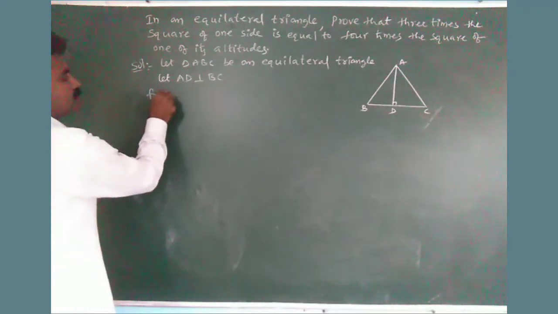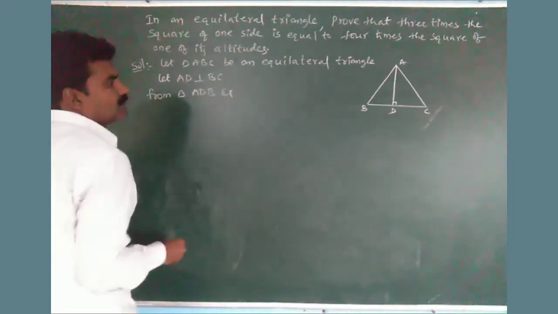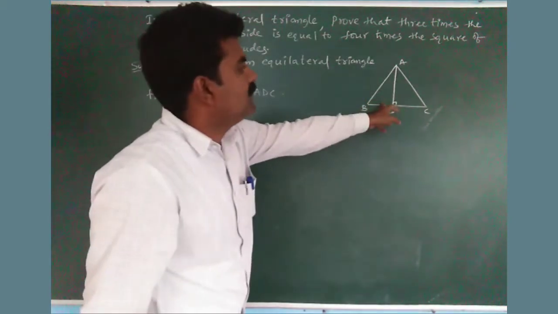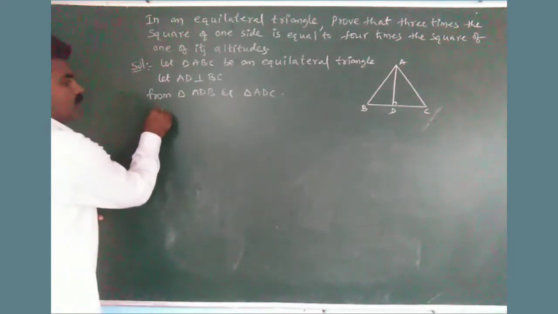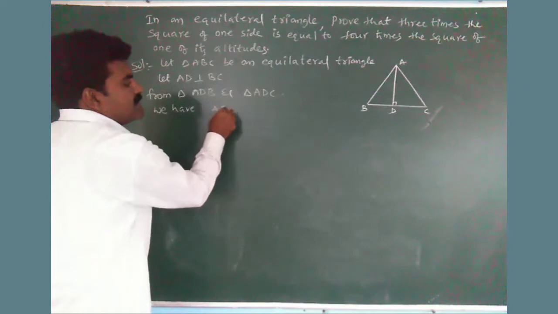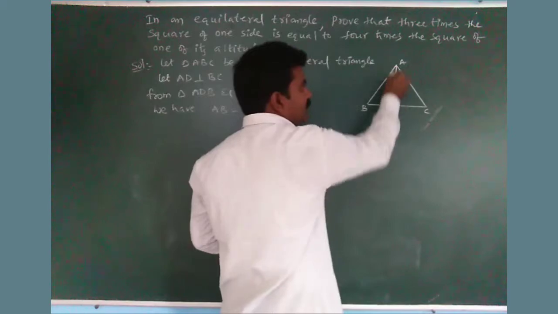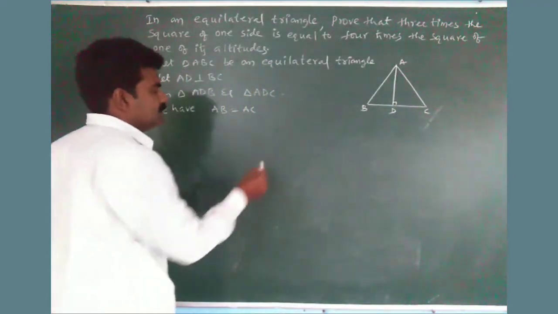So now triangle ADB and triangle ADC, both are right angle triangles. Let us try to prove that these two are congruent. AB is equal to AC because of the equilateral triangle, these are the sides of an equilateral triangle.